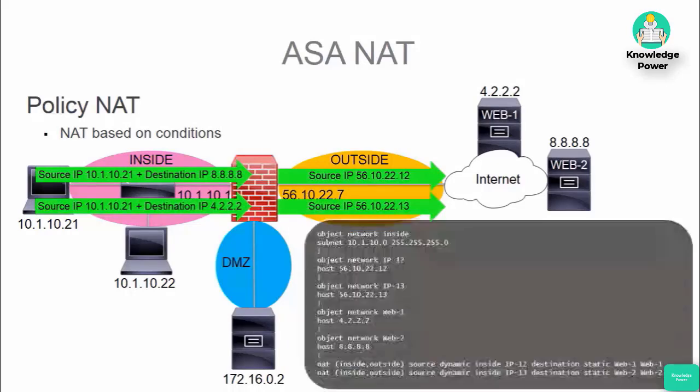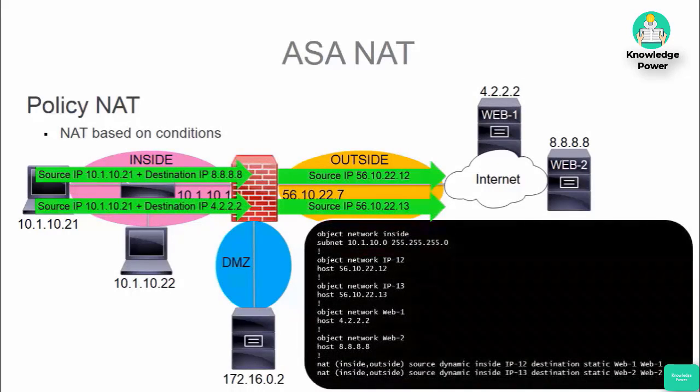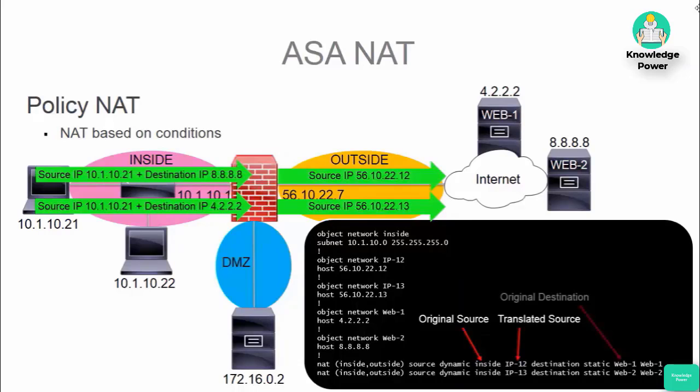Here's an example of a policy NAT configuration for an ASA firewall. So this NAT's saying when we have the original source of this inside object, the 10.1.10.0 network, we're going to translate its source to the network object IP12 if this object is the destination.